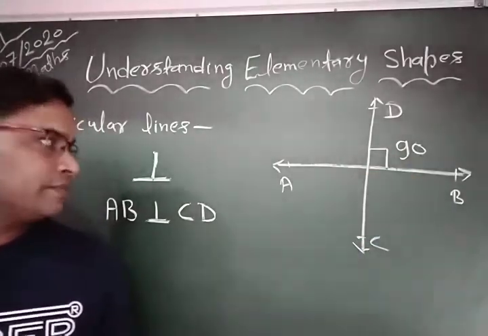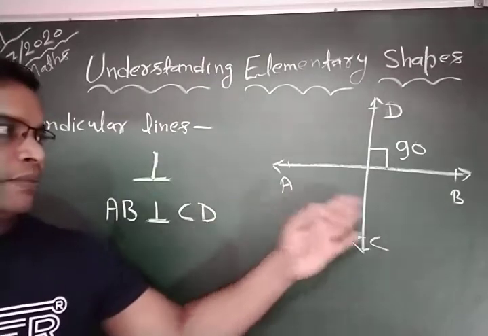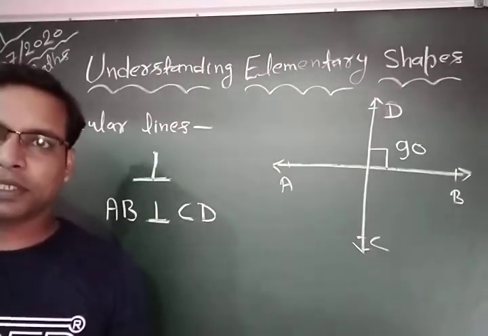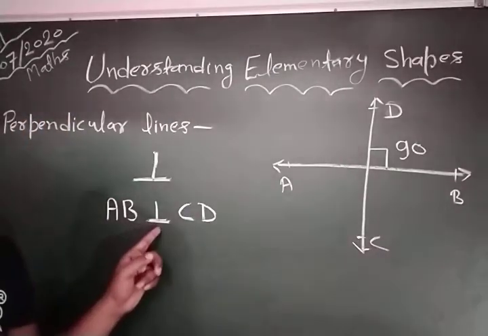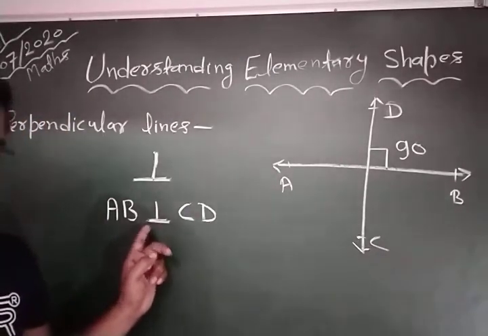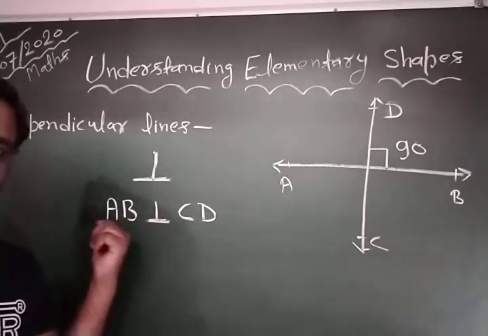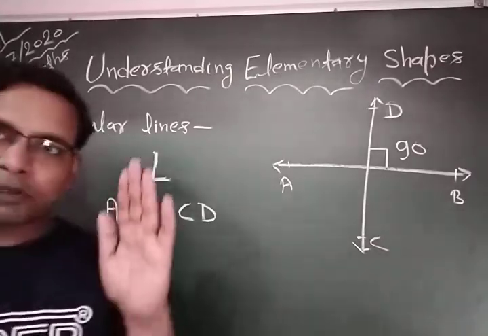So you can say line AB and line CD are perpendicular to each other. The symbol of perpendicular is this. We read it AB perpendicular to CD or CD perpendicular to AB. Both lines are perpendicular to each other.